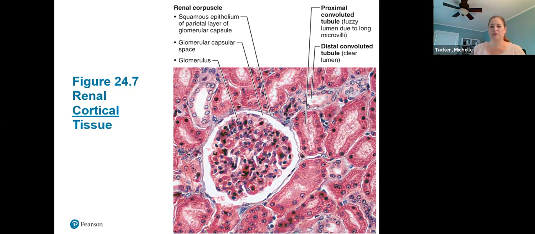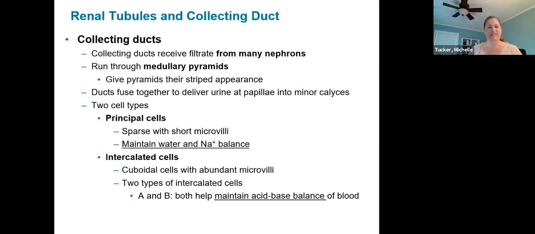This is something that you might see more in lab, where these are the glomerular capillaries, the glomerulus, the space, the capsule. A proximal convoluted tubule is fuzzy because of the microvilli, and a distal convoluted tubule is open. I haven't seen the lab exam, so I'm just guessing. I'm just reviewing.